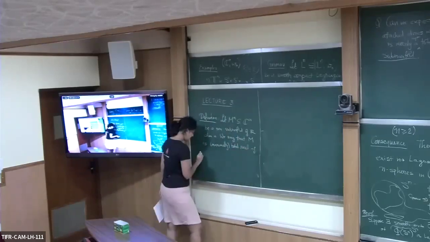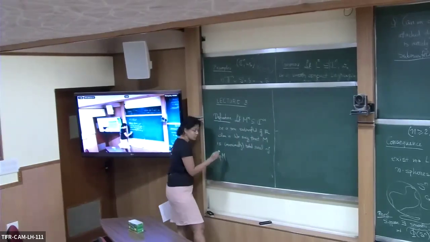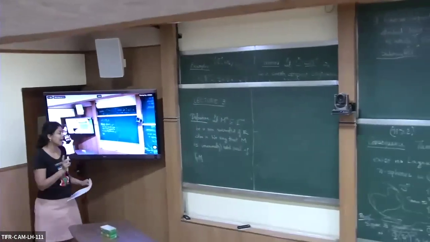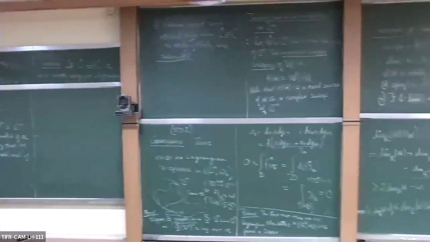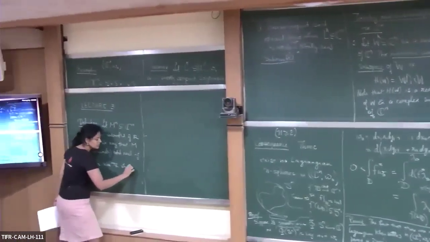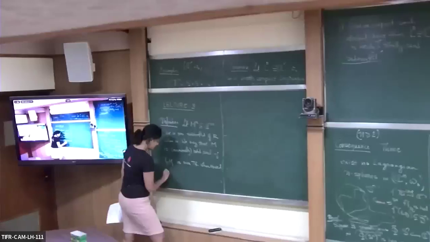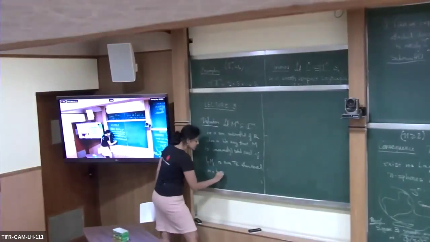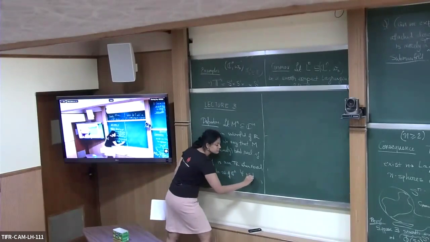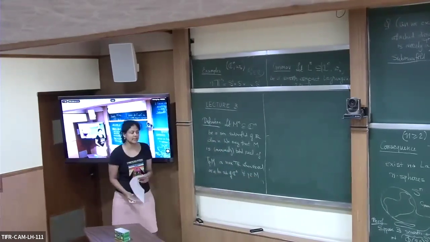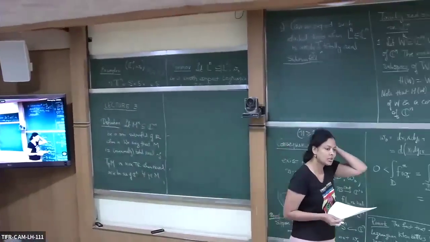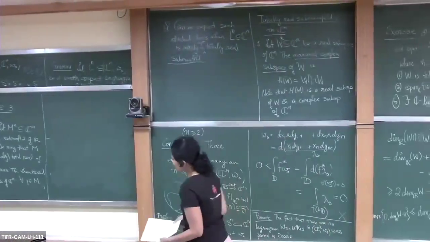If the tangent space of M, which you view as a linear subspace of Cn, is maximally totally real when viewed as a linear subspace of Cn, and this happens at all points. So I really need that all tangent spaces are totally real subspaces of Cn. Okay.